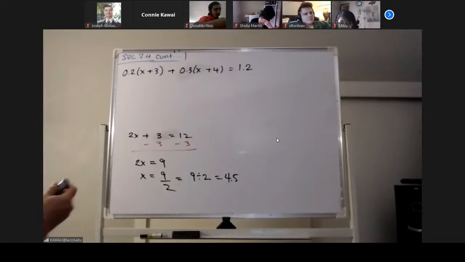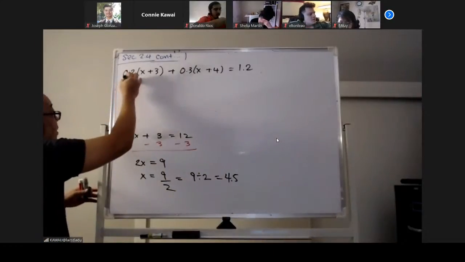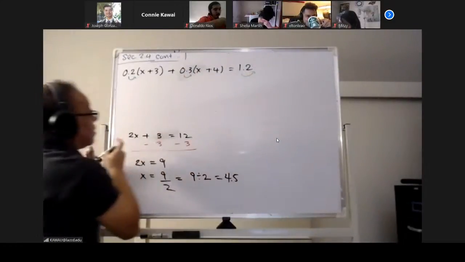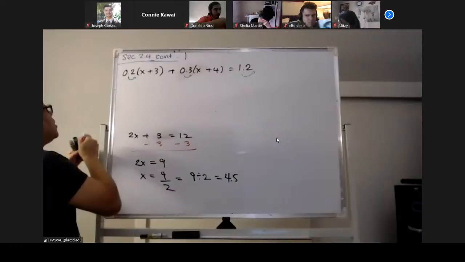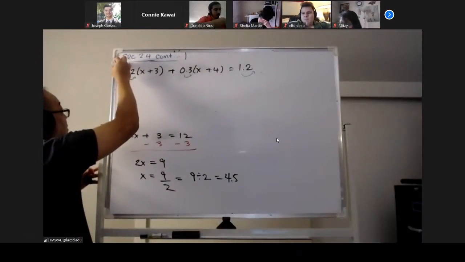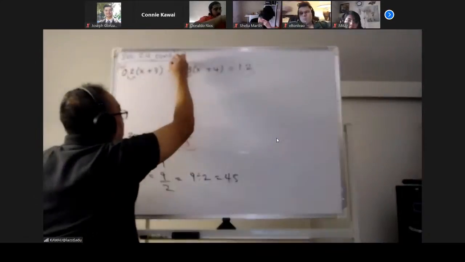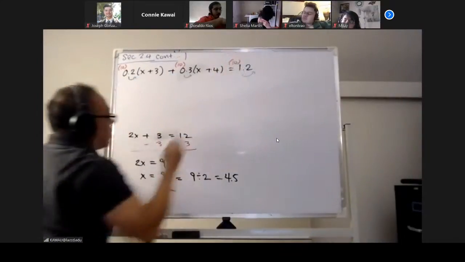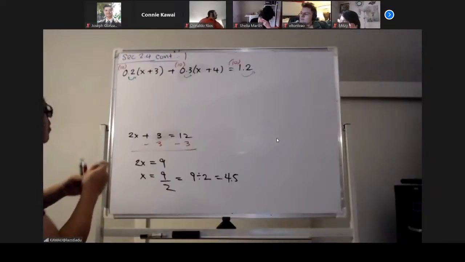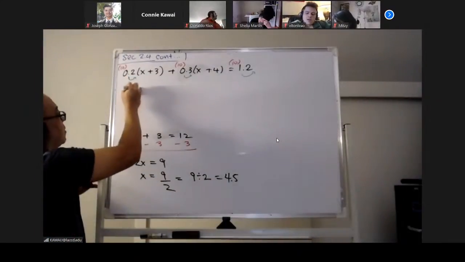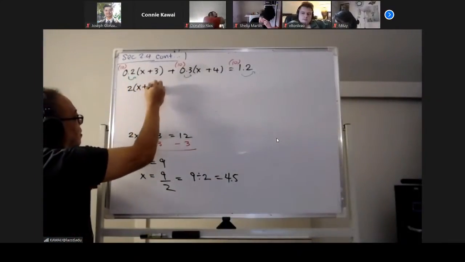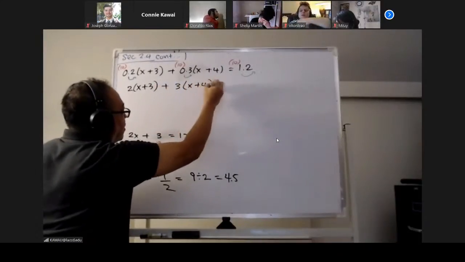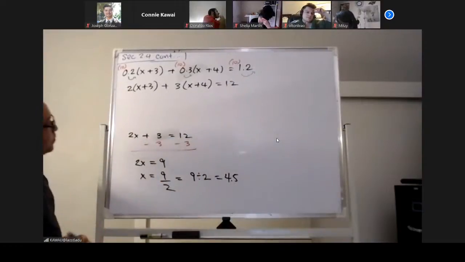Now, I want each one of these to move one place. So I'm going to multiply each one of these by 10. So I'm going to get 2, 3, that. Okay.